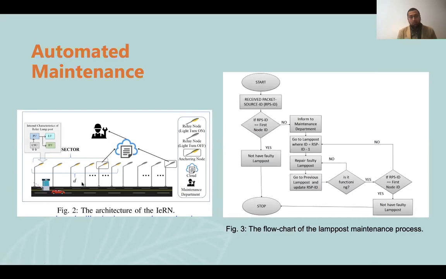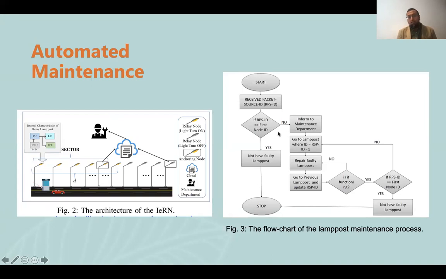when I receive a packet here, the first ID of the packet should be from this one. But if there is a malfunction, say the previous anchor node is not working, then this anchor node, which also has the capability to identify the presence of a car, will use its own lamppost ID in the packet.